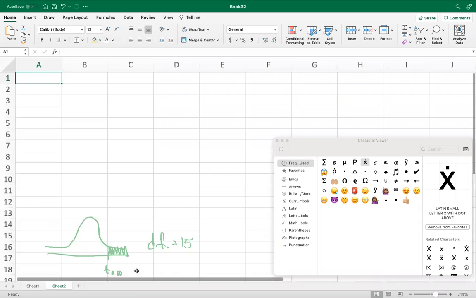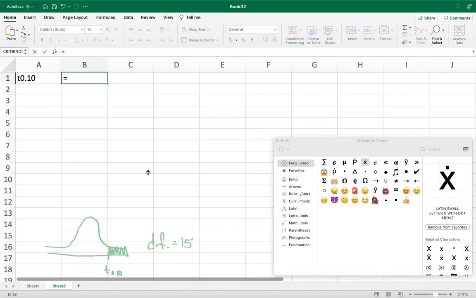So here we're looking for the associated t-value. t of 0.10 is equal to, this is the student's t-distribution. So t-distribution or t-inverse. Do we need an area or do we have an area? In this case, we have the area that we're looking for the associated t-score for. So we're going to use t-inverse.